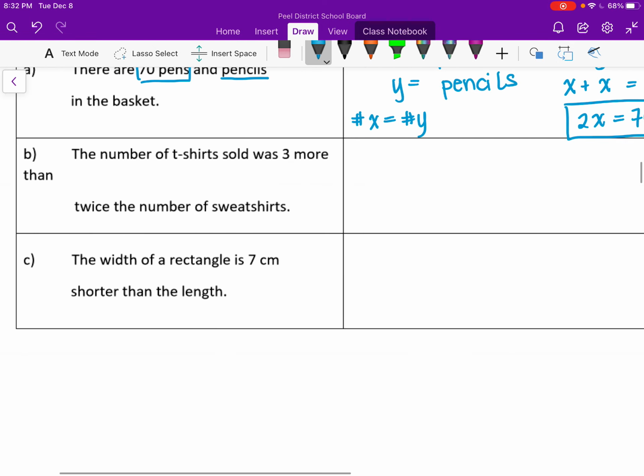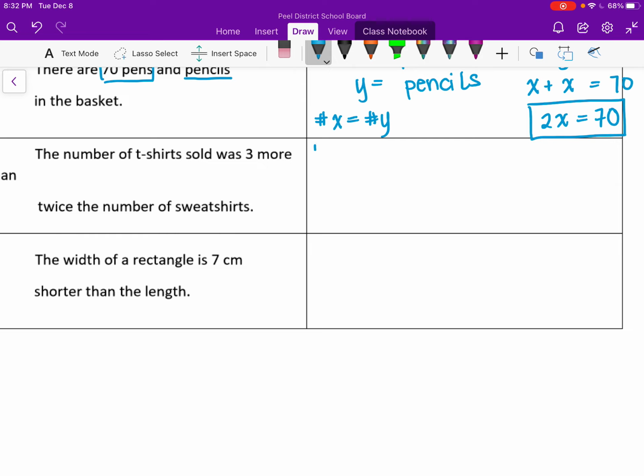So in this situation, it says the number of t-shirts sold was more than twice the number of sweatshirts. So let's say let x equal t-shirts. Let y equal sweatshirts. And now let's go define this y, right? We're going to change this y into terms of x.